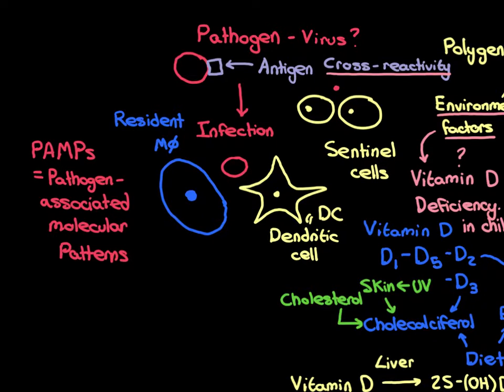Our pathogen here that is going to initiate the autoreactive adaptive immune response of multiple sclerosis is also going to have pathogen-associated molecular patterns associated with it, and these are going to lead to the activation of these sentinel cells. So the sentinel cells will become activated in the tissue that this pathogen is infecting, and I'll say it again, we don't know which tissue it actually is because we don't know what the pathogen is.